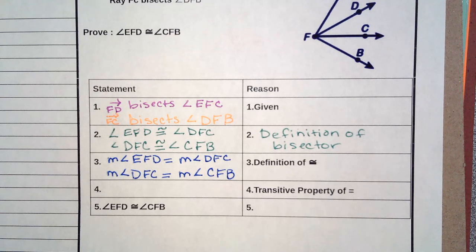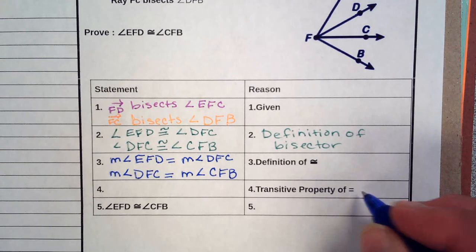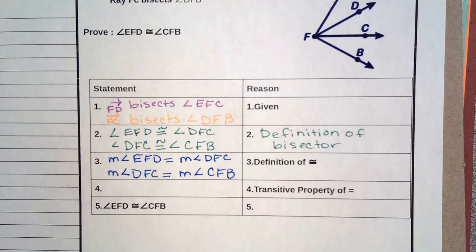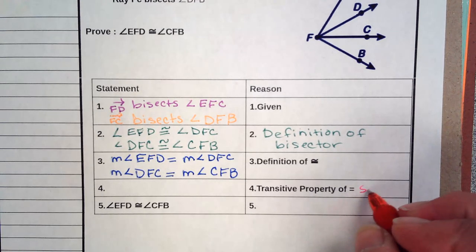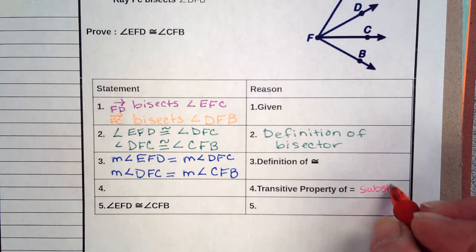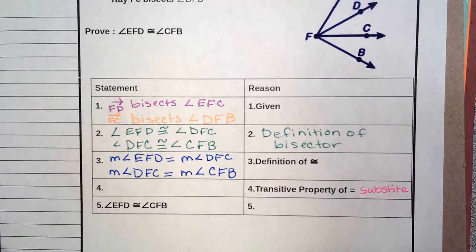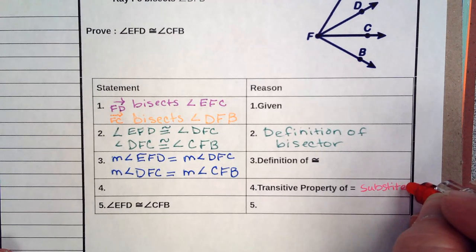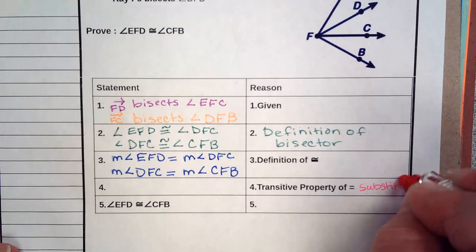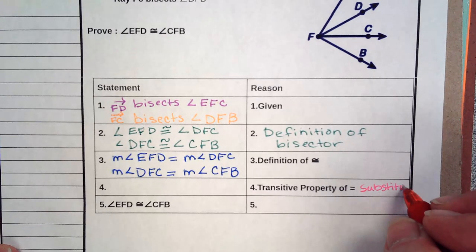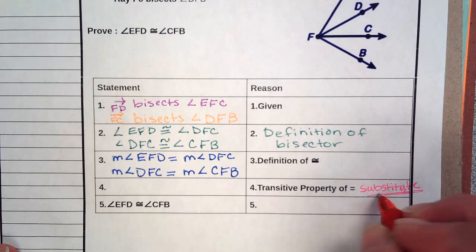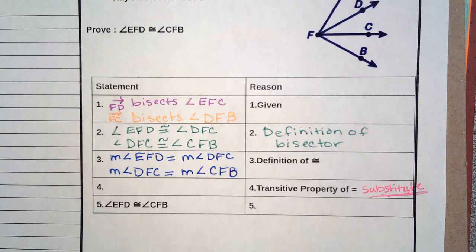Nothing new. Okay, the next one is transitive property, and I don't think we've talked about it a lot, but you might also call it substitution. You can substitute. So, what can I substitute?